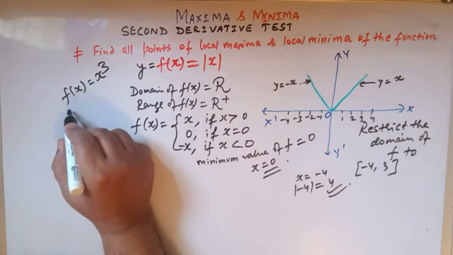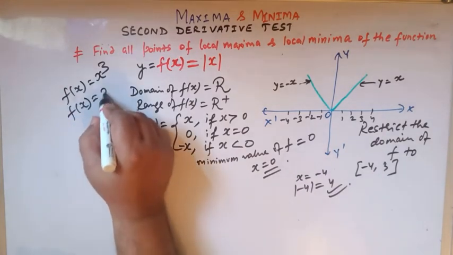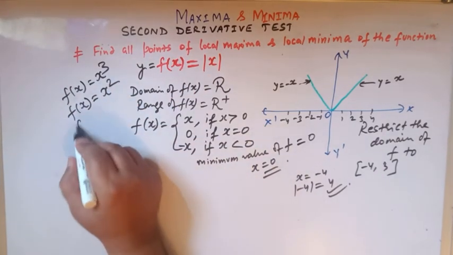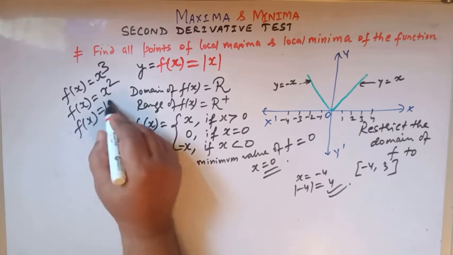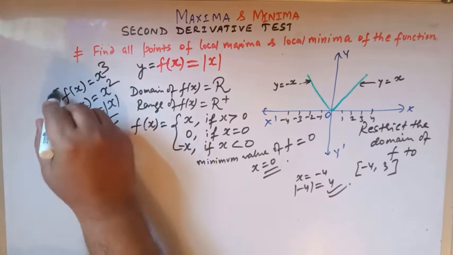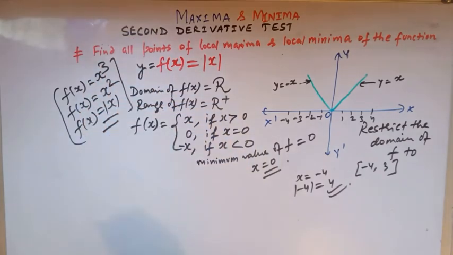Then we discussed f(x) equal to x square, and then f(x) equal to mod of x. Viewers, all these functions are very conceptual functions. When we study these functions in relation to some other concepts, then we can deduce important results.